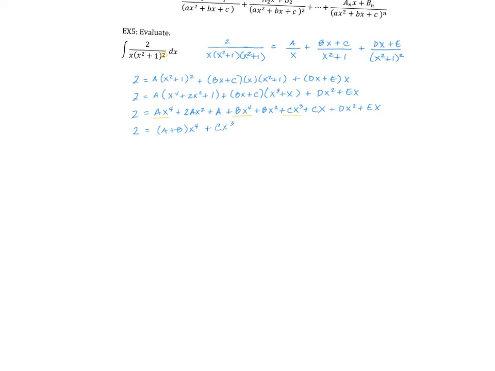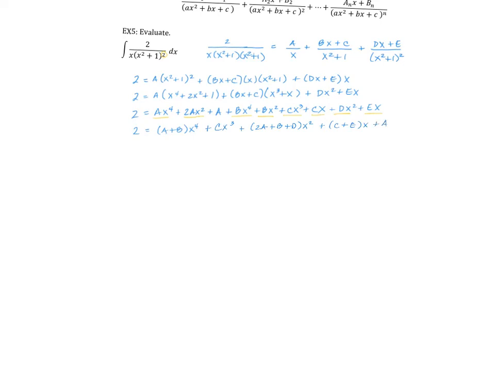Now our x squared is a 2a plus b plus d. So 2a plus b plus d times x squared. X's would be plus c plus e times x, and then my constant is just a.